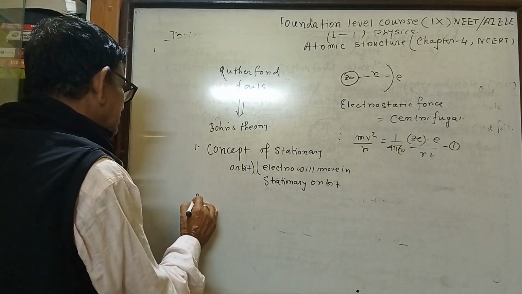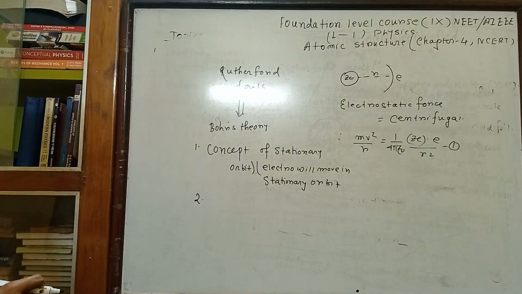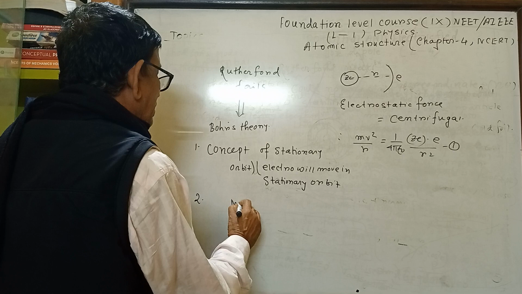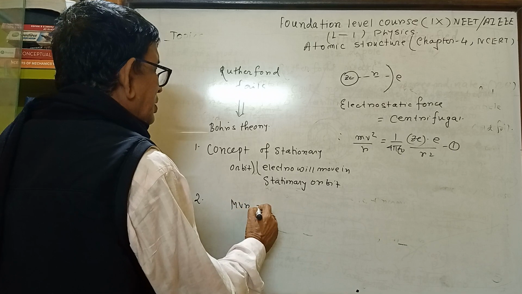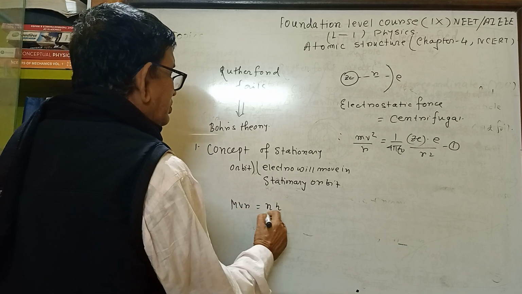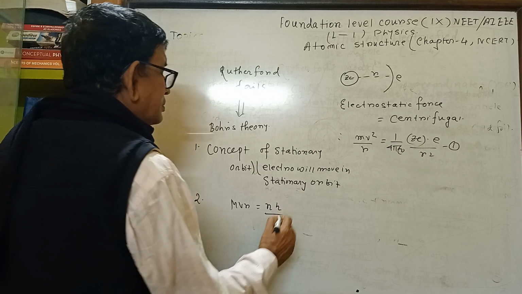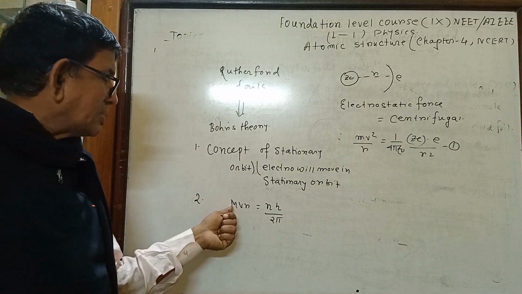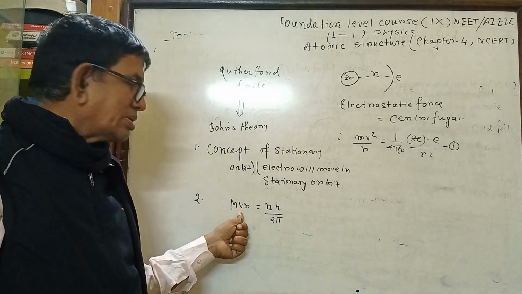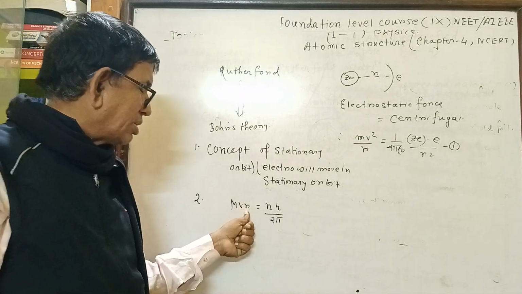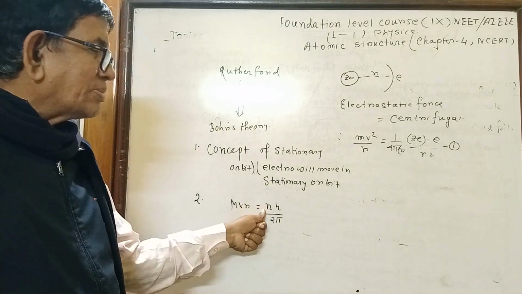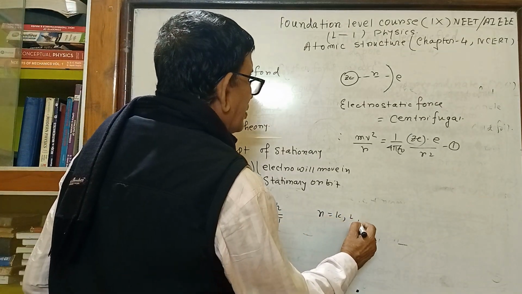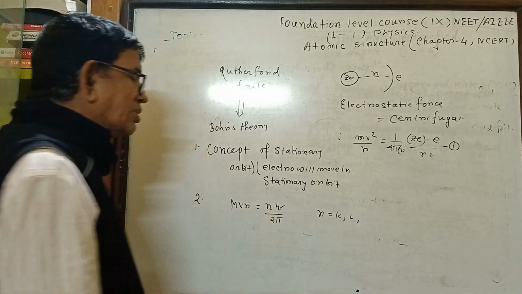Number two, in that orbit, mvr equals nh by 2 pi. Clear? mvr means mass of the electron, v is the velocity of the electron, r is the radius of the electron orbit, n is the quantum number, and h is the Planck constant.